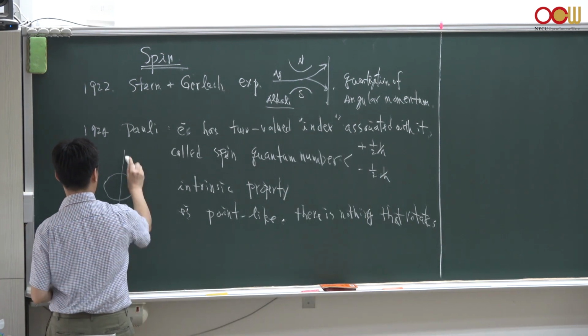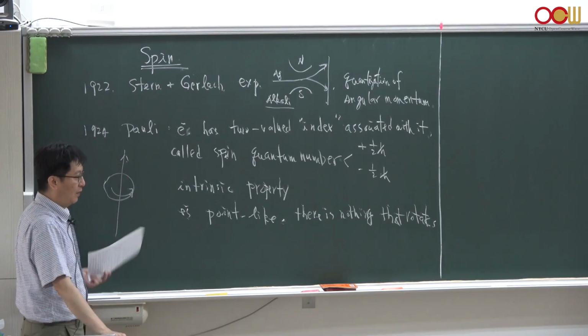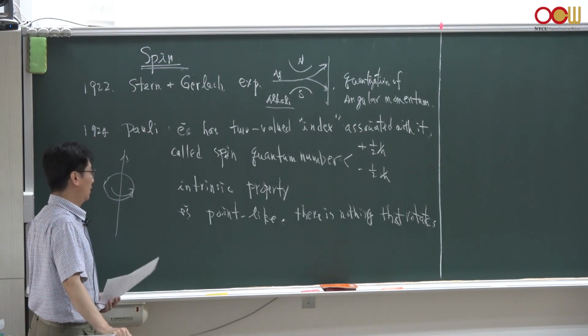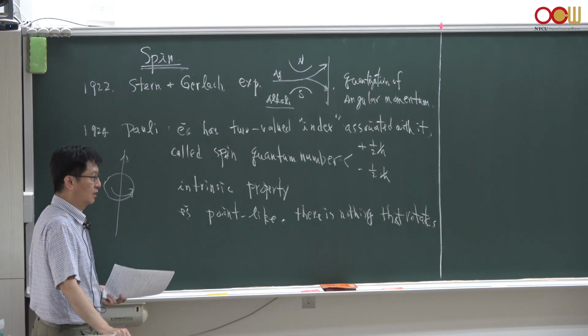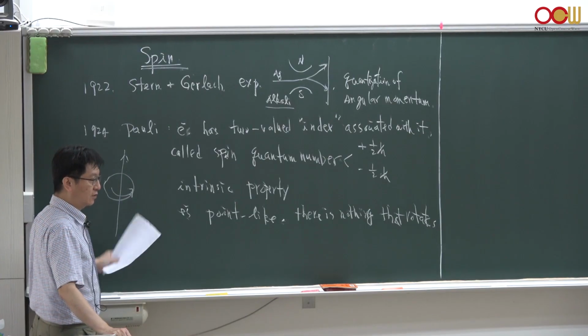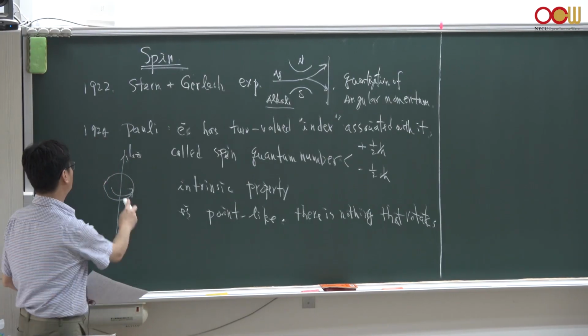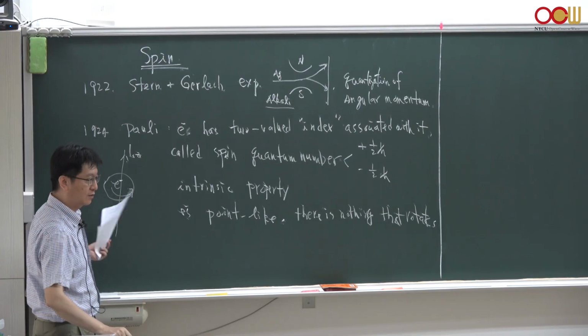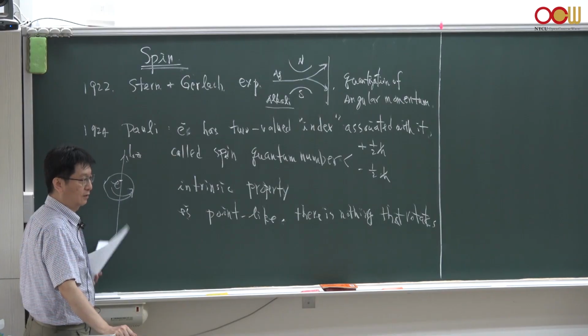In a cartoon picture, you would borrow the classical picture of a classical object spinning around, say, the z-axis, carrying angular momentum along the z-axis. But the electron is not a classical object; it is a point-like particle.